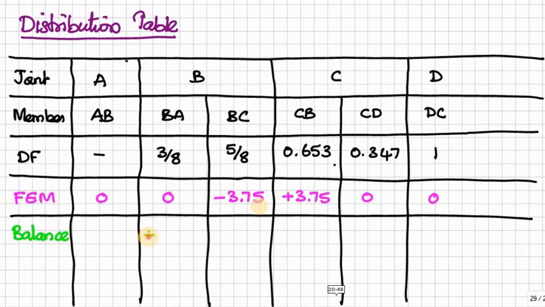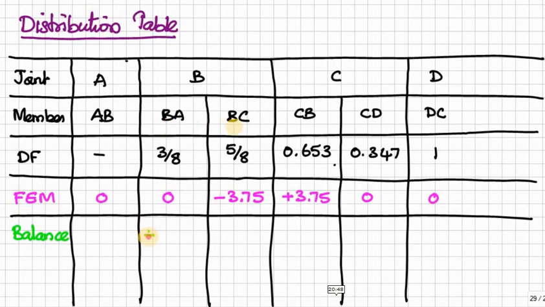But the net moment should be 0 in order to be in equilibrium. Therefore, we have to apply the same numerical value but in opposite sense. That is plus 3.75 we have to apply at joint B. But at joint B we have 2 members, BA and BC. Therefore, we have to distribute this plus 3.75 moment to both these members, BA and BC.